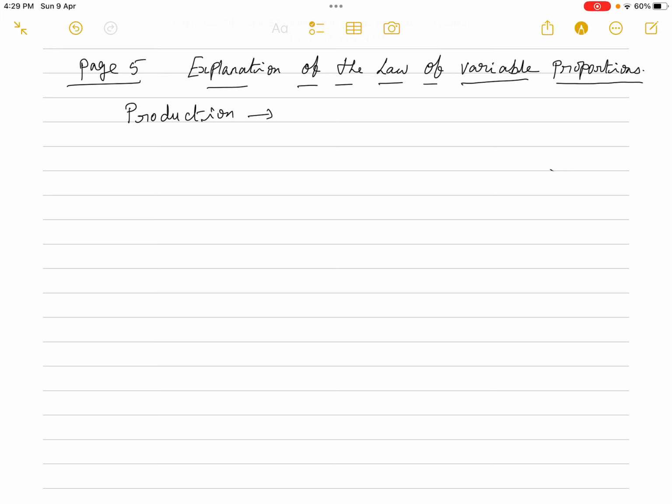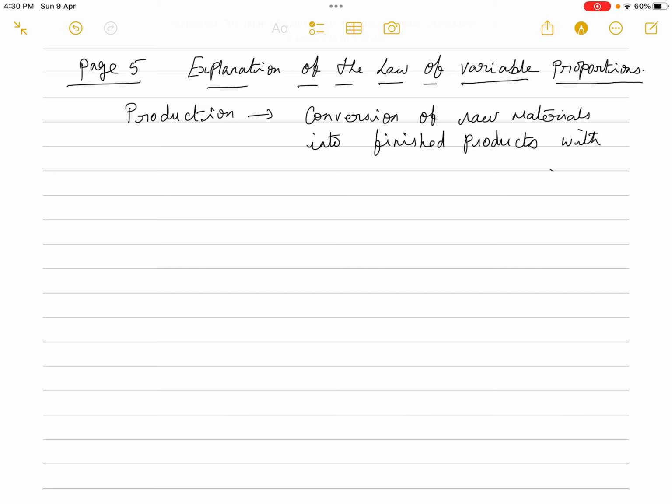First you should know what is the meaning of production. Production means conversion of raw materials into finished products.